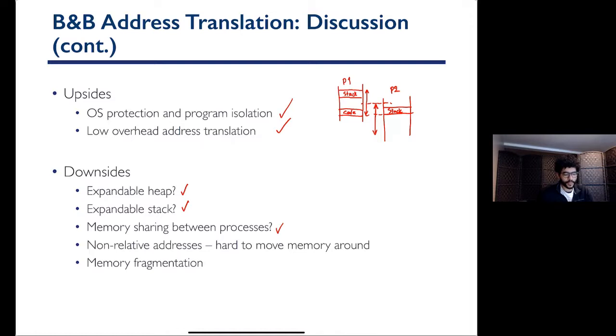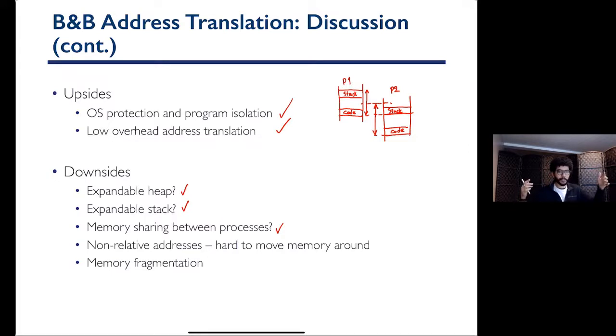There is no way for you to get the code of P2 mapped to the code of P1 unless you basically give them the same address space, right? So sharing, meaning that giving them an overlap in the regions, is not going to be helpful because what they want to share resides in different address spaces, different ranges of memory.